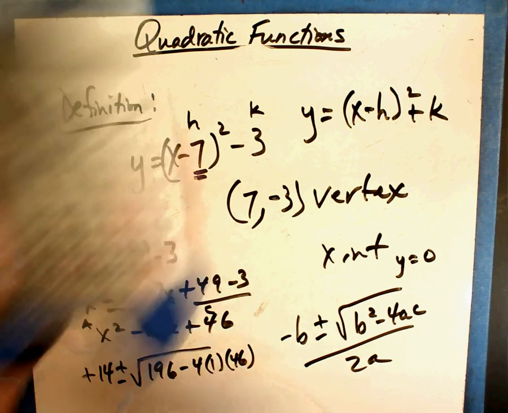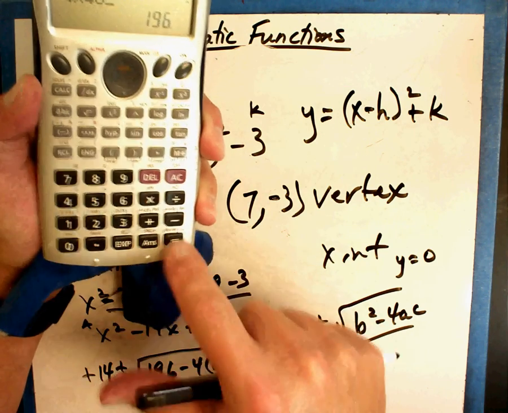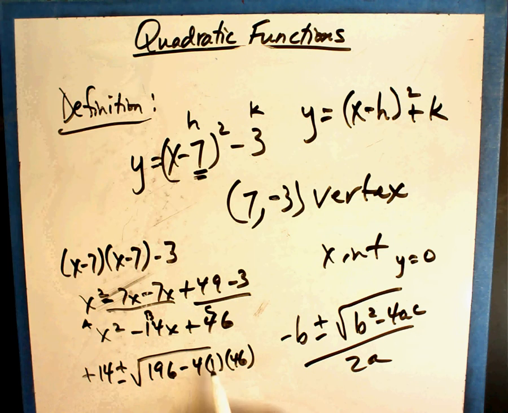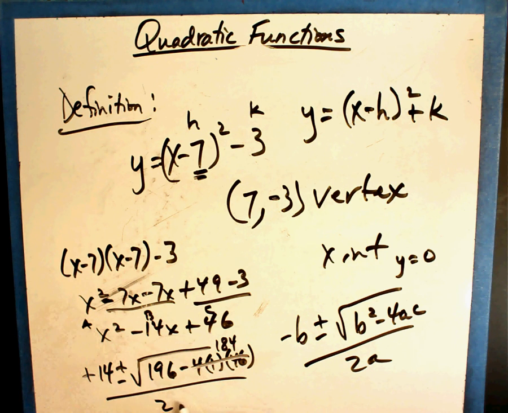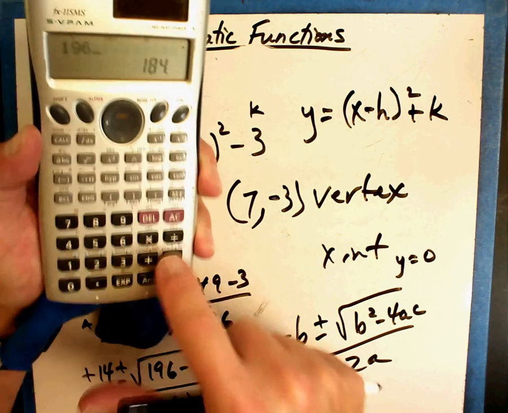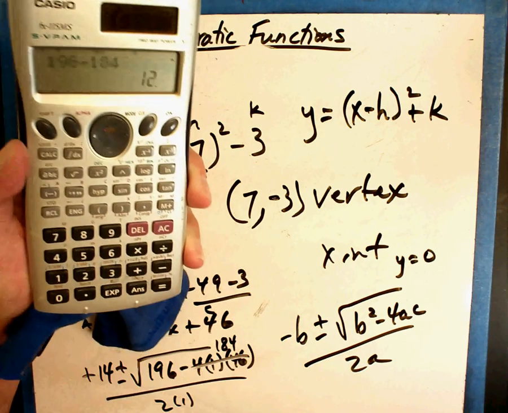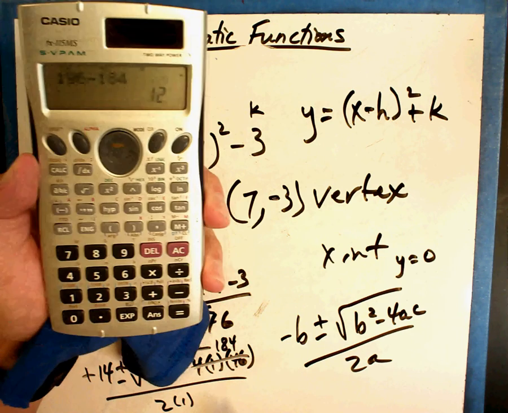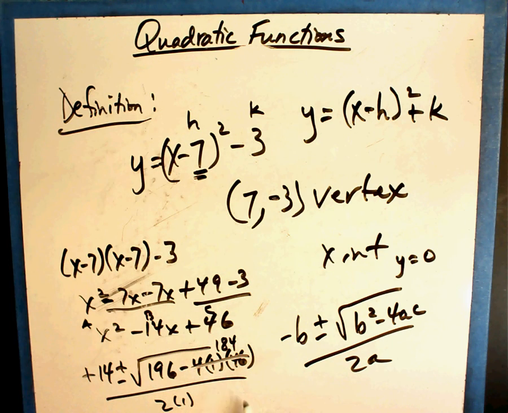So 4 times 46 is 184. So this is 184 over 2 times a, which is 1. Okay? So 196 minus 184 equals 12. So it's 14 plus or minus the square root of 12 over 2.